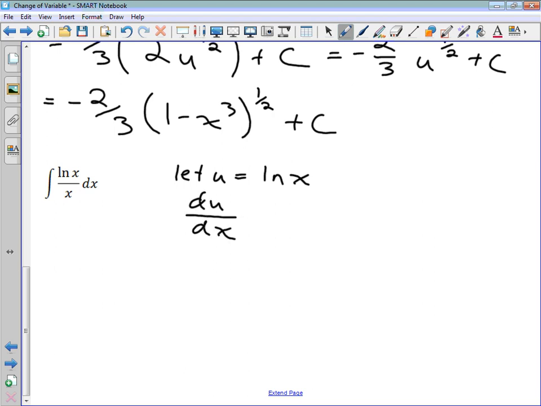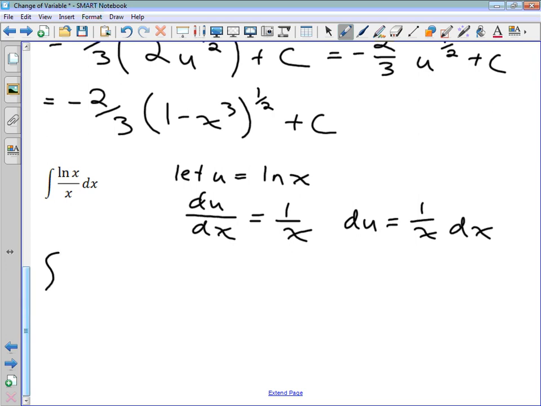I do that on purpose to give you guys time to think. What is du dx here, Hayden? Which means that du, if we want to make our substitution, is going to be 1 over x dx. So how does this play out in our integral here?